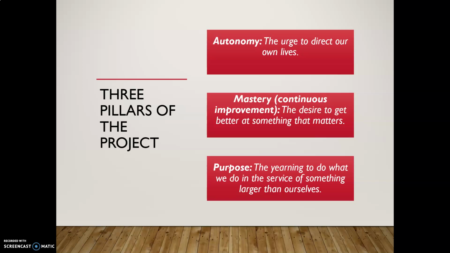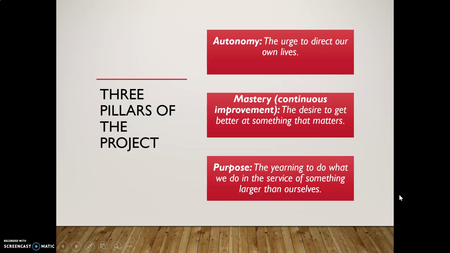And so the reason they do that is because individuals want to direct their own lives. They want to get better at something, specifically gaining more knowledge about those topics and then writing about it. And then the purpose is to share that information with others. And so these elements help you to understand why, to gain enjoyment from the work that you're doing.